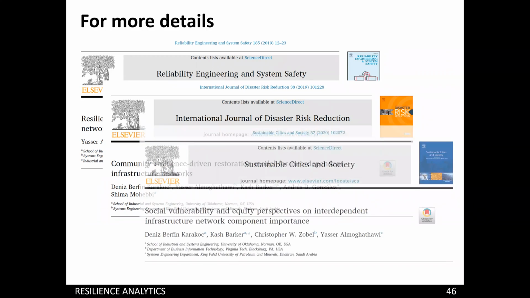And then a follow-on paper where we used the social vulnerability index to try to pick out the most important components in an infrastructure network. One area in reliability engineering that's been popular for decades is the idea of component importance. That is, how do you pick out the most important components in a system?